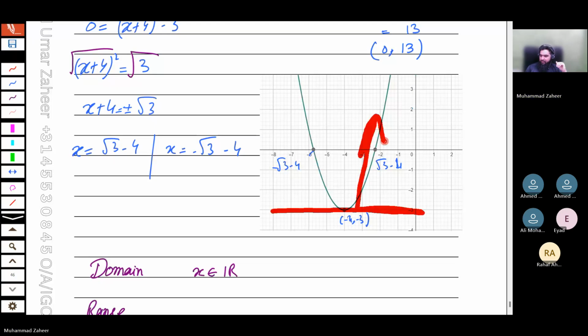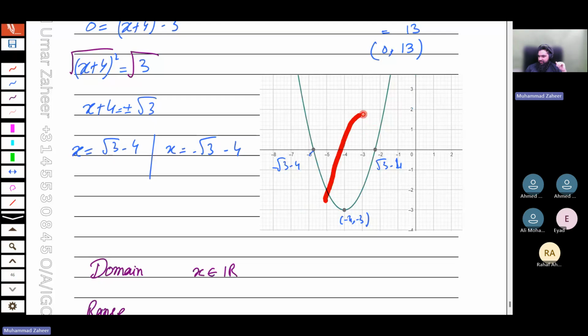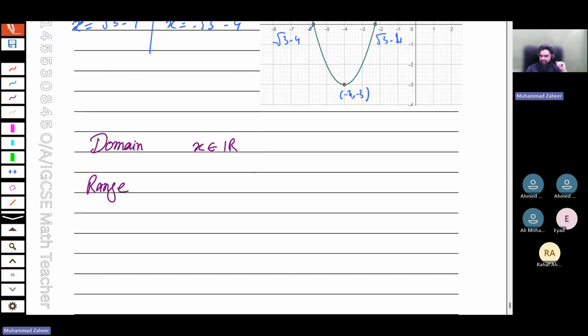For example, if it is upside down, we have to take all the lesser values of the turning point. But in this case the graph is upright, so the smallest value is minus 3, and all the rest of the values are greater than minus 3. So we have to say that the range of this function is f of x is greater than or equal to minus 3.